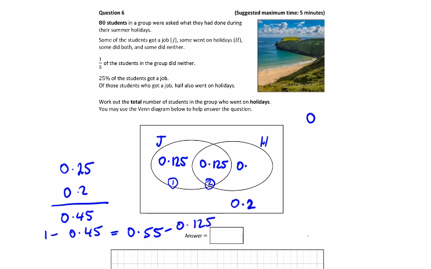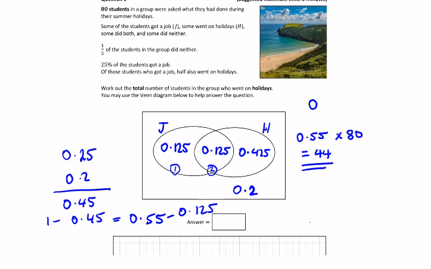That will leave 0.425. So 0.55 go on holidays. 0.55 multiplied by 80 will give 44 students went on holidays.